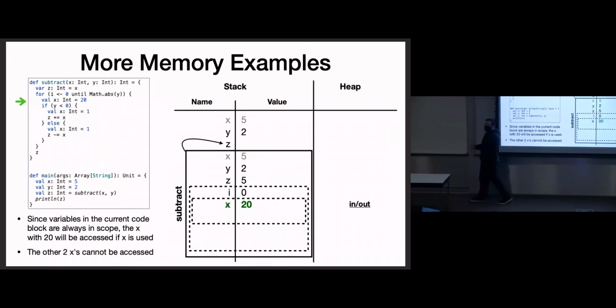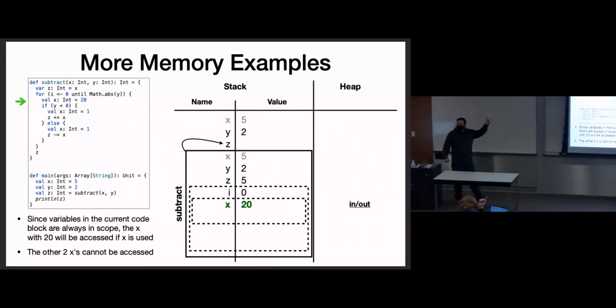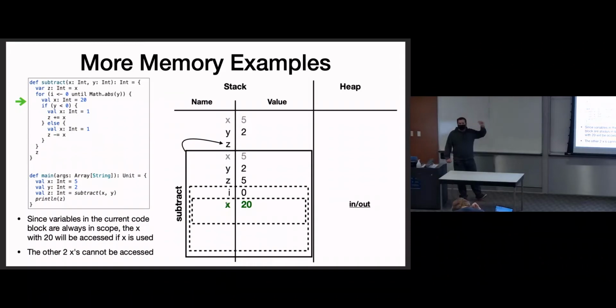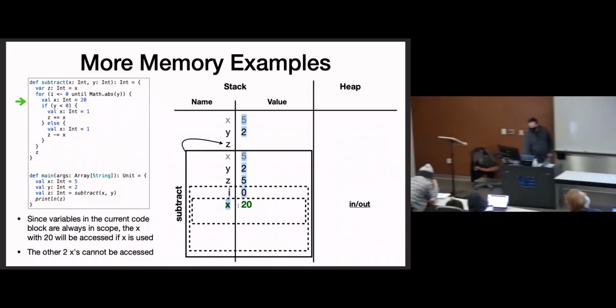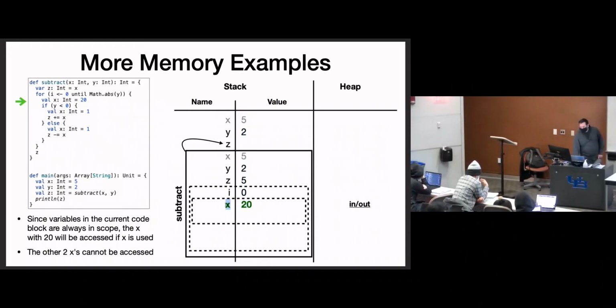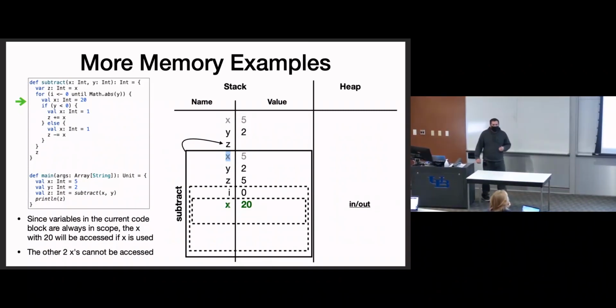So if that variable is in scope and it's matching a name of a variable in a different code block, we can't access that other variable. If we use x right now, we're getting this x, which is a completely different x than this x, which is a completely different x than this x. This x we can never access inside this stack frame. This x we can't access right now while we have that x with value 20 on the stack.